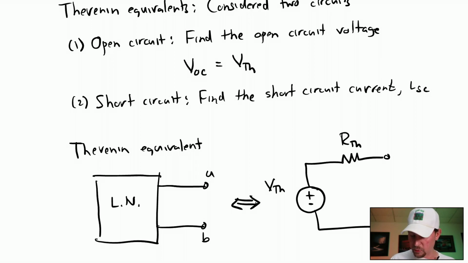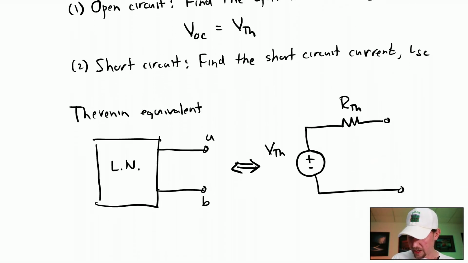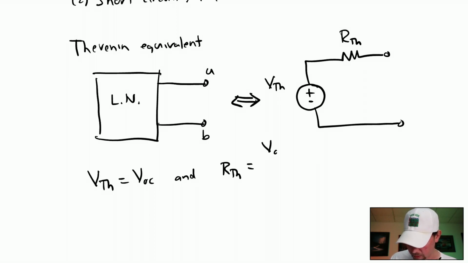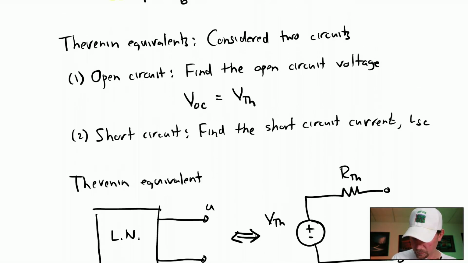The relationship between the short circuit current, the open circuit voltage and the Thevenin resistance was such that the Thevenin voltage was the same thing as the open circuit voltage, and the Thevenin resistance was the open circuit voltage divided by the short circuit current. So all of our efforts were really geared towards finding this and finding this, right?